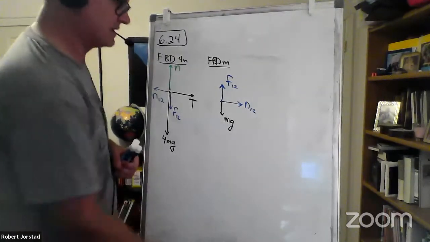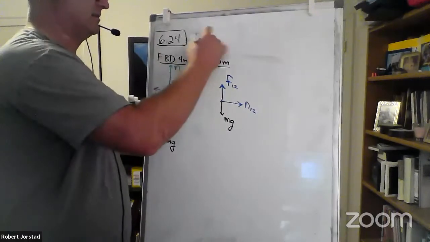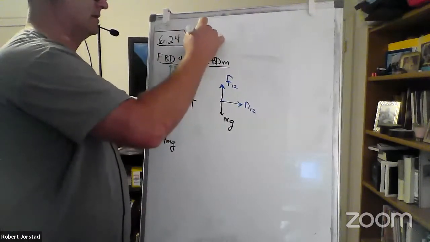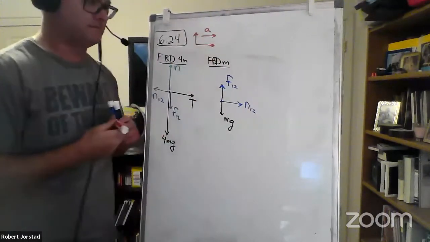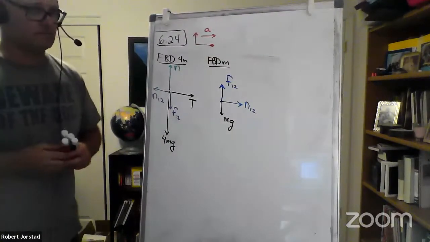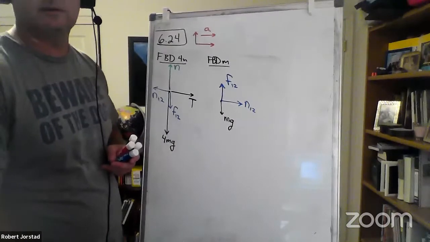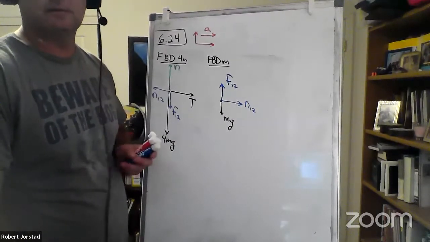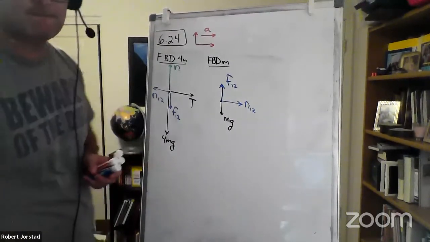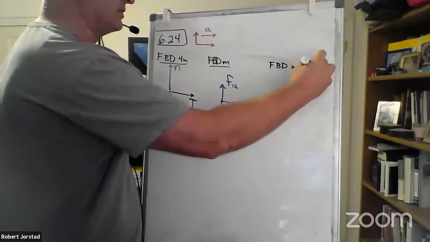All right, then these things are accelerating to the right, aren't they? Is it legal to do a system FBD? Yeah, so let's do it. So which forces are not going to appear?